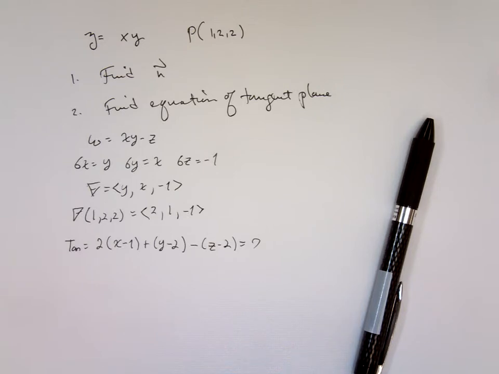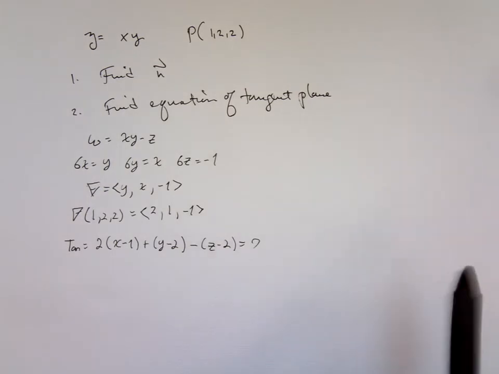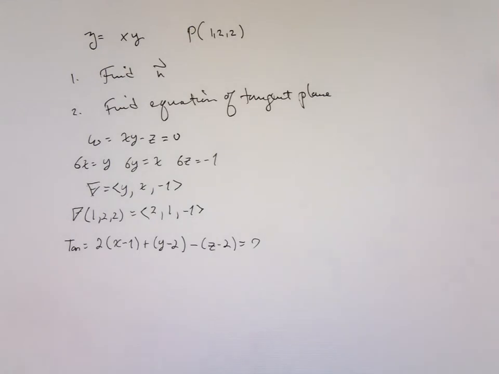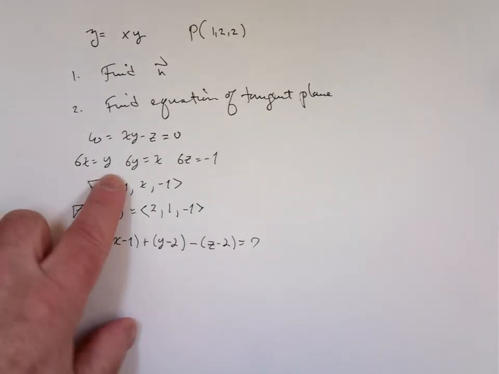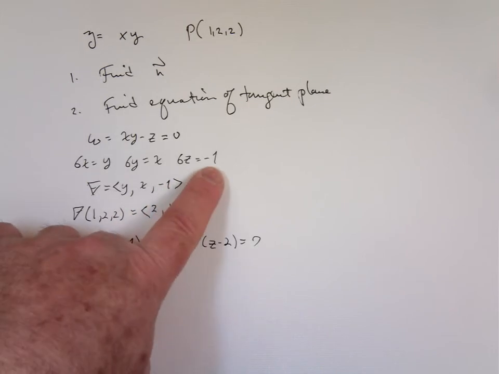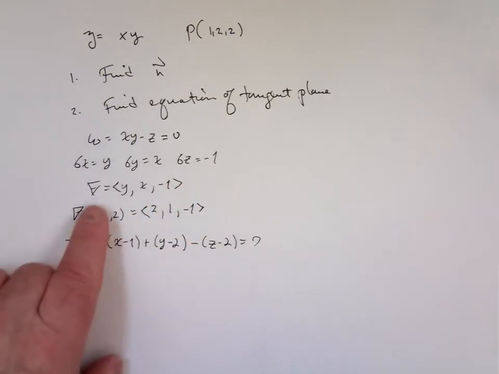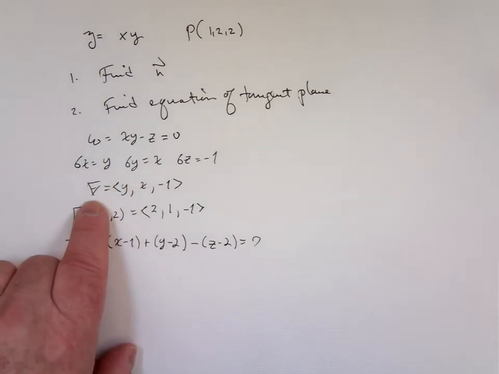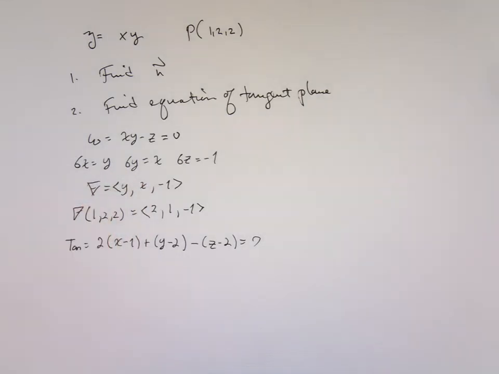So you set W equals 0, subtract the z, just what he did. You find the partial of x, which is y, partial of y, which is x, partial of z, which is -1. So this is the gradient of W, and that gradient of W is going to be a vector normal to its level surface, our surface.